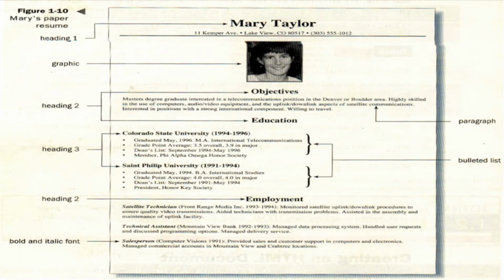Then there's also some more headings like heading 2, heading 3. By the way, our headers have different sizes. That's why they have different numbers. You will see them in a little while. Then we also have paragraphs. We have lists that are bulleted. And then there's bold and italic font. Okay, so all of this we are going to identify, and we are going to format that in our HTML. You get the picture now.